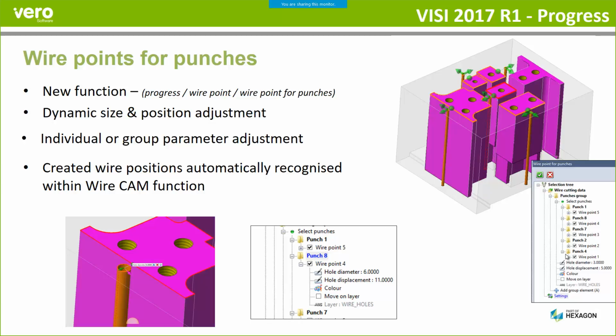So if you've got a group of punches, it basically automatically adjusts or creates wire positions and wire data for the creation of those punches. So you can dynamically size and position and adjust positions of wire start points. You can individually or group parameter adjust, and it'll automatically provide wire geometry that is automatically passed onto the CAM functionality.